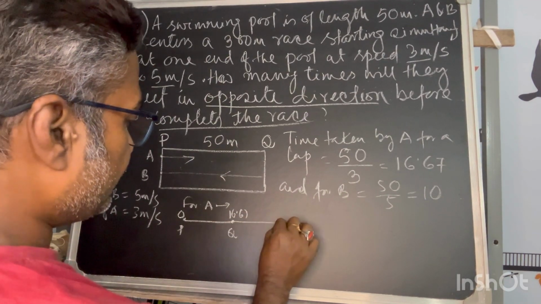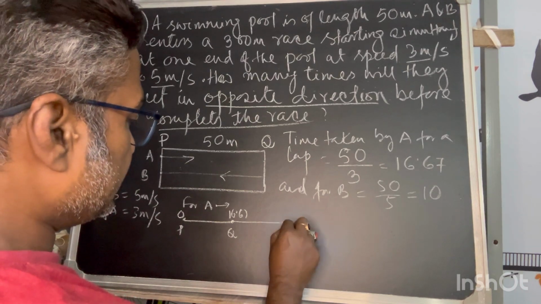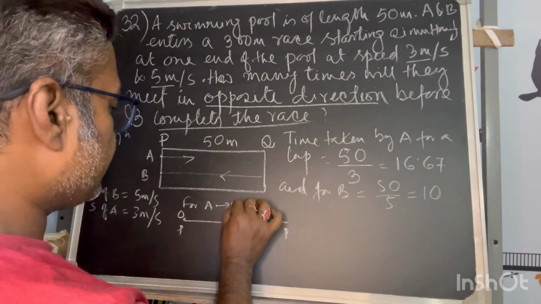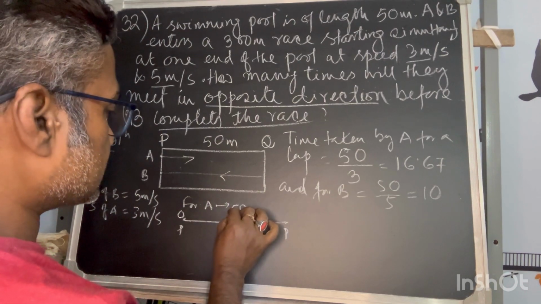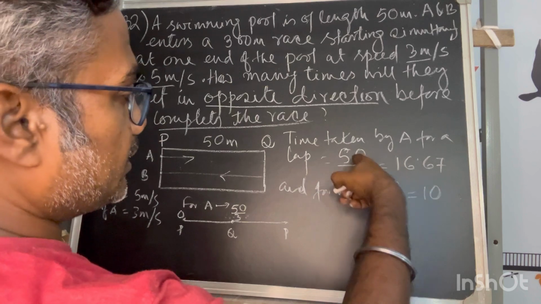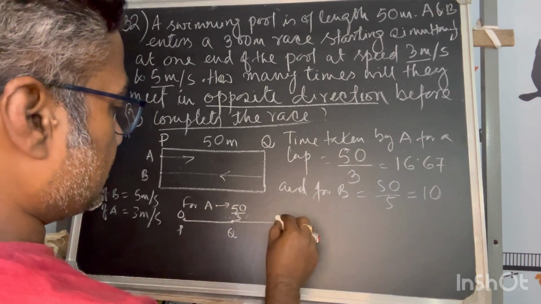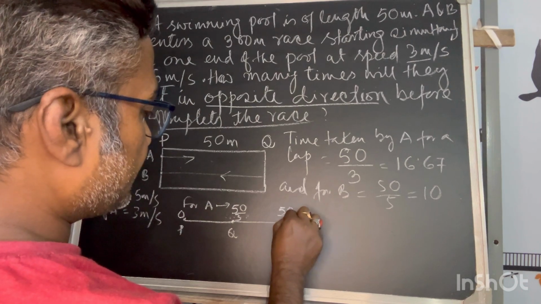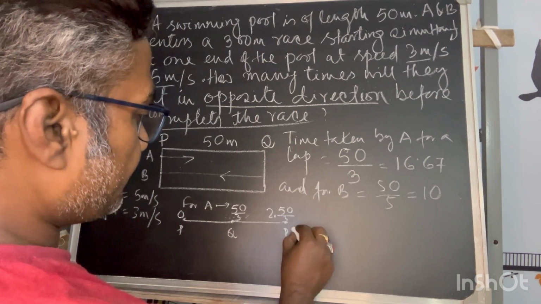Then after returning back to P, at what time? I am writing in fractions so that it will be easy to understand. The lap is completed at 50 by 3, because of the speed. After that, it will be 2 into 50 by 3.